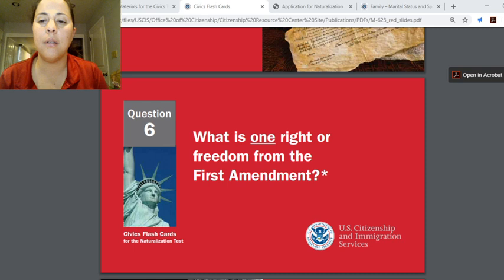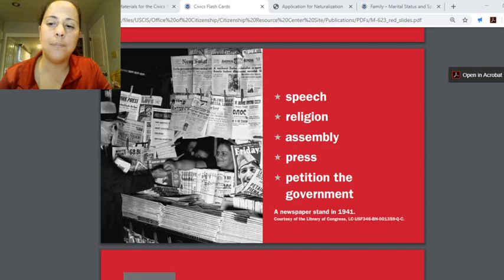Freedom of speech, okay? You are free to speak, you are free to talk. Freedom of religion, you are free to practice your religion. Christianity, Catholicism, Buddhism, Hinduism, okay? You are free to assemble. You are free to gather, okay, together in groups. Freedom of the press, okay.